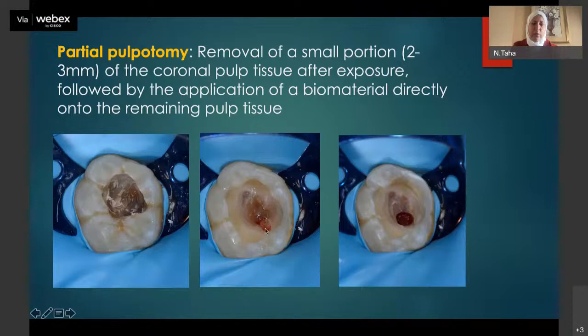In this area of the pulp exposure, you can see avascular areas here, so it's not completely filled with blood. Therefore, 2 or 3 millimeters of the coronal pulp tissue were removed in partial pulpotomy, or you can call it Cvek pulpotomy, whatever you are using. It's the same, partial pulpotomy or Cvek pulpotomy, removal of 2 to 3 millimeters of the coronal pulp, assessment again under magnification, ensure that it's filled with blood, has normal architecture, then you place your calcium silicate material on top.